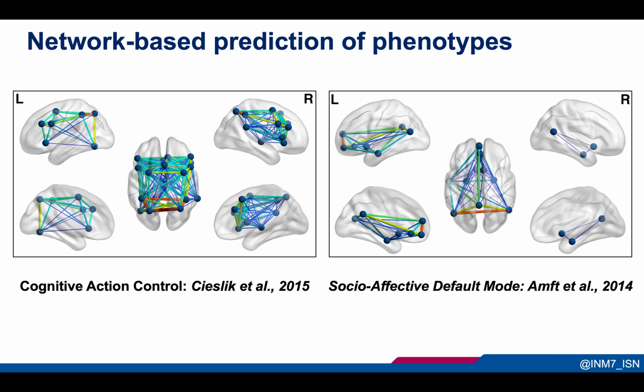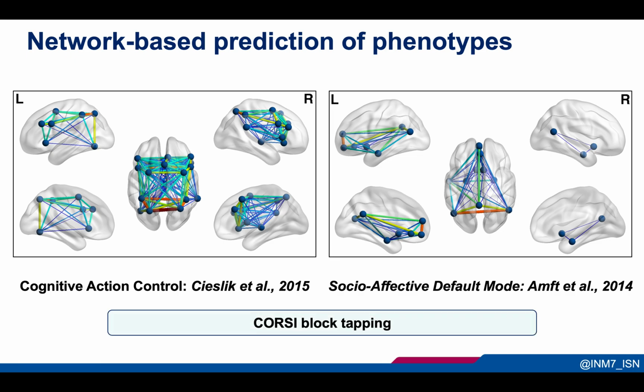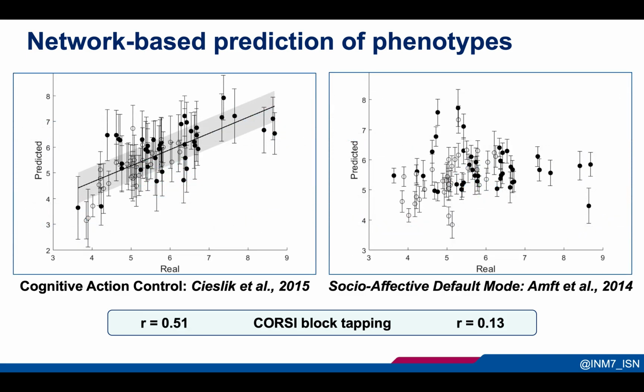But likewise, as we had different assays, we can extract different proportions of the resting state data corresponding to different functional networks. And if we now predict something like spatial working memory that we can probe through the Corsi block tapping task, we actually find that the cognitive network is quite good in predicting this particular phenotype, whereas we cannot predict it at all from the socioaffective network.